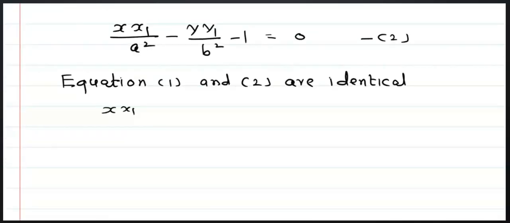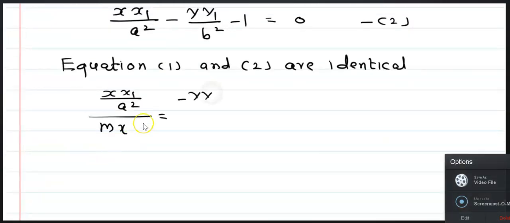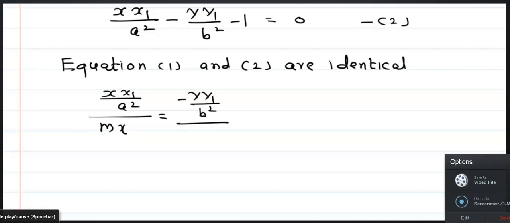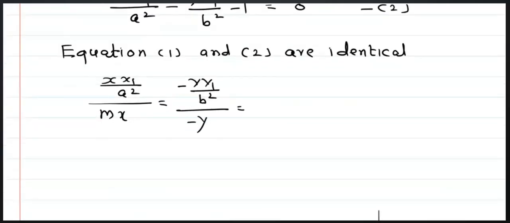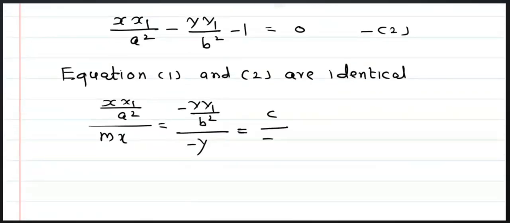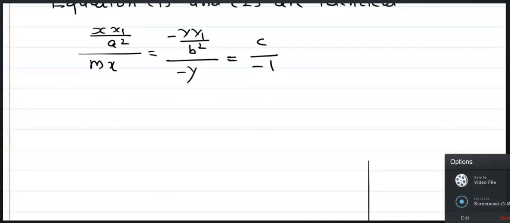Therefore, now see this: x1 upon a square upon m is equal to minus y1 upon b square upon minus 1 is equal to c upon minus 1. Now from this we will find the values of x1 and y1. Here x is cancelled, y is also cancelled.